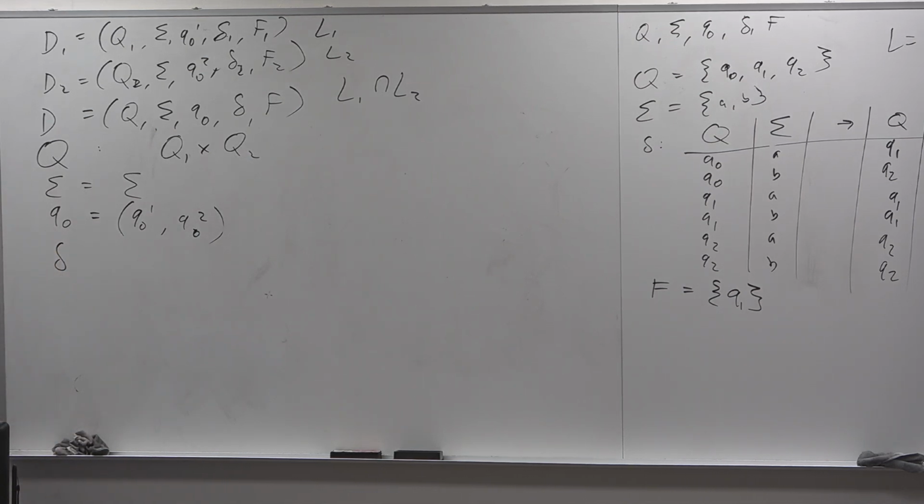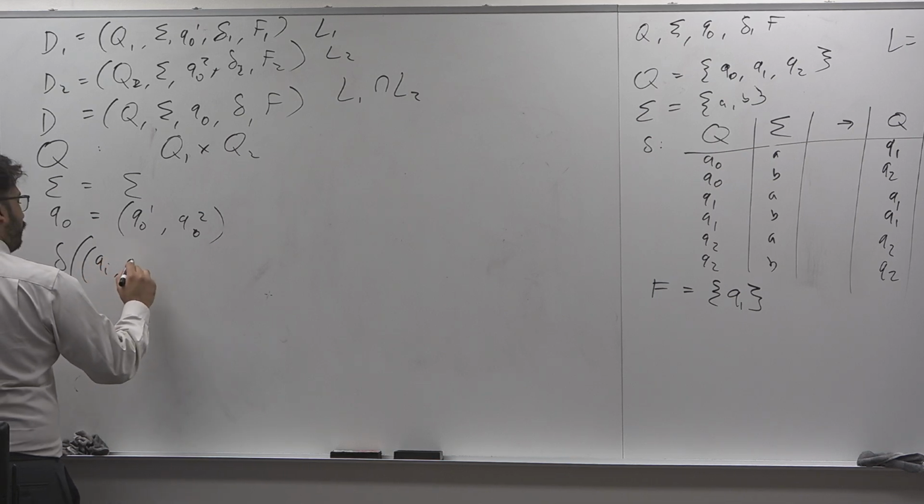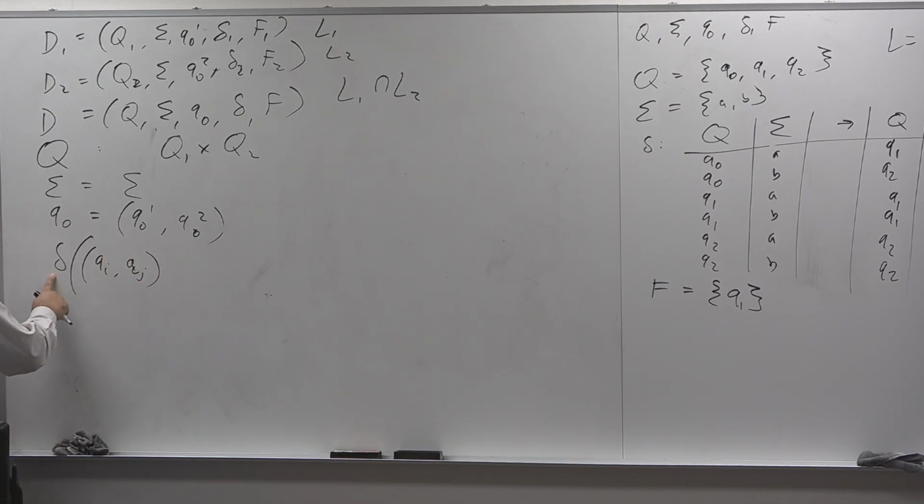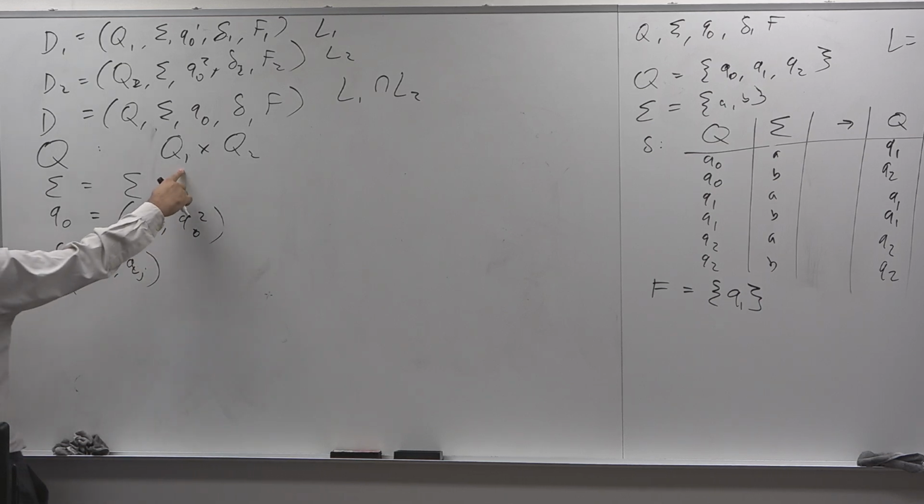Delta, so we want to move between the states of this DFA, but the states of this DFA are pairs of states of the other DFA. But we want to move between the pairs of states as if we were moving between the states themselves. So delta of, let's say, Qi, Qj, these are simply the pairs of states here and here.